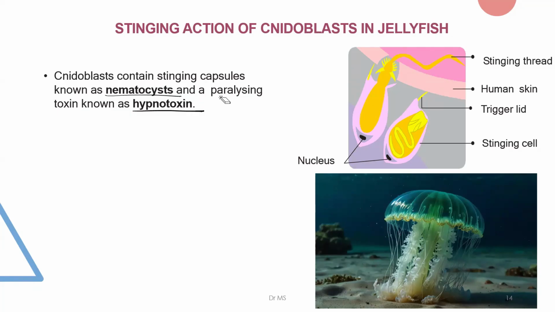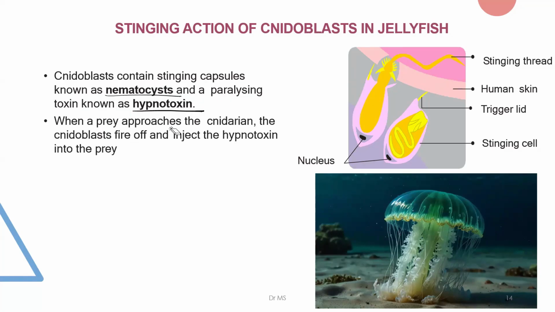So when a prey approaches these cnidarians, the cnidoblast will fire off and inject this hypnotoxin into that prey organism. When it is injected, that organism is paralyzed. So it will create the paralyzed prey. Once the organism is paralyzed, they will pull it into the mouth.